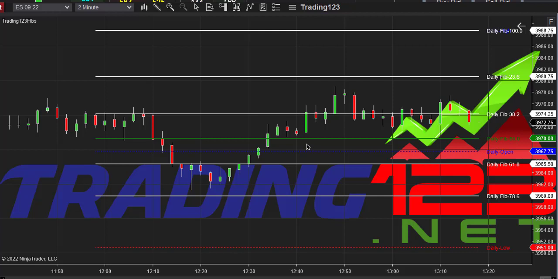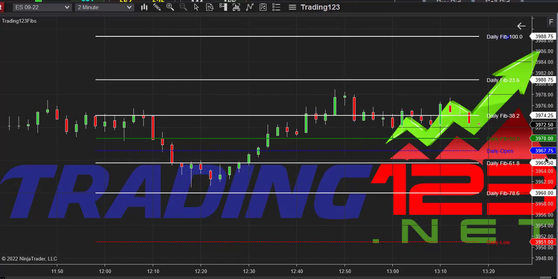And so the trend is above. When the price is above this green line here, the trend is up. And same with the daily open. You will not find that in NinjaTrader Fibonacci's or anybody else's. And with this Fibonacci indicator, it automatically draws the fib levels for you.